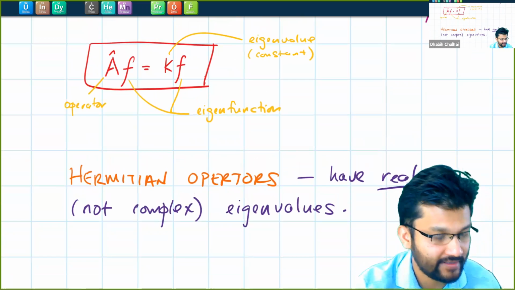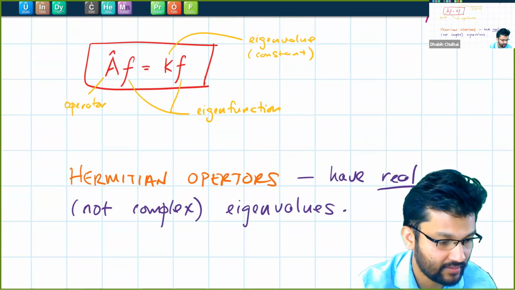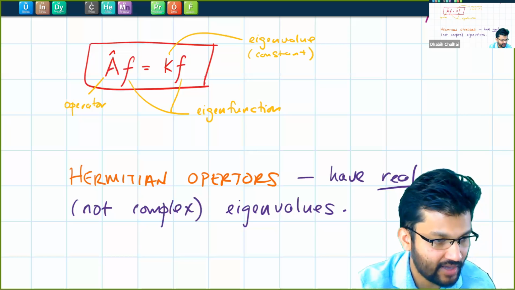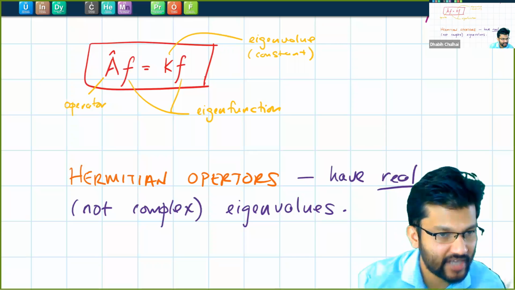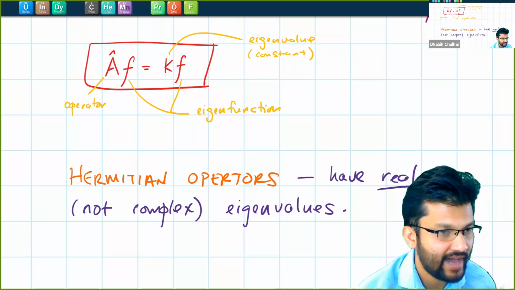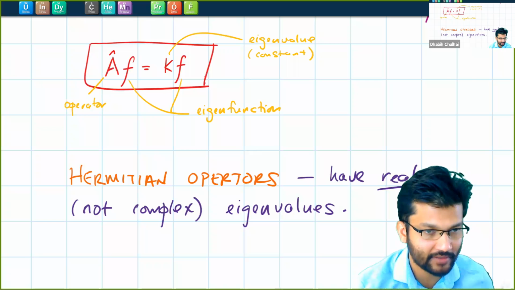Let's say you want to find the velocity of a particle. You have a velocity operator, right? The number that you get back can't be complex because velocity is a real thing. You don't measure velocity and say, oh, the velocity of the car is 20 miles plus i times 40 miles, right? It's not a complex number, it's a real number.